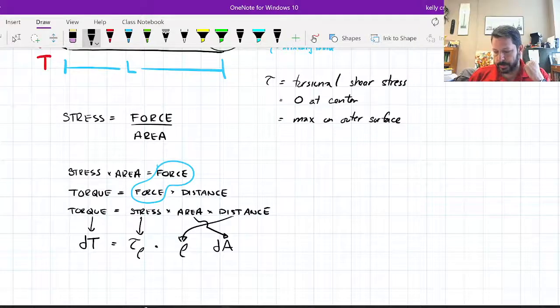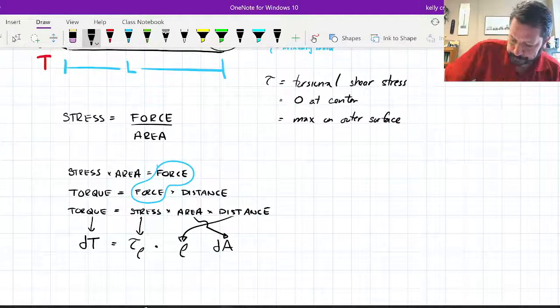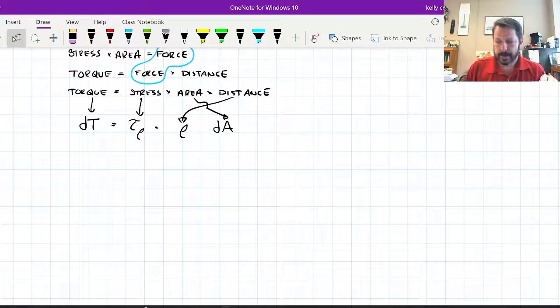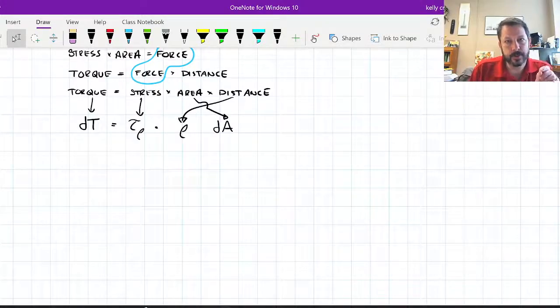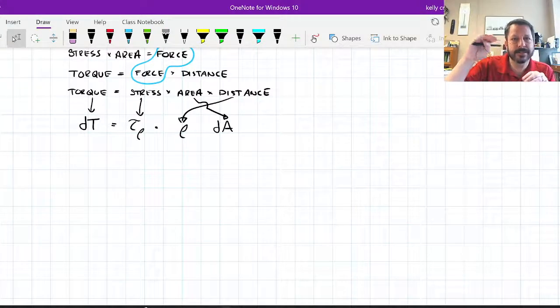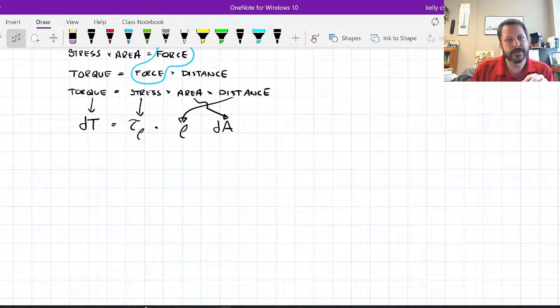So I've got this little equation now. This is a generic equation that I could establish for calculating the torque on any particular slice, any ring shape of the cylinder.